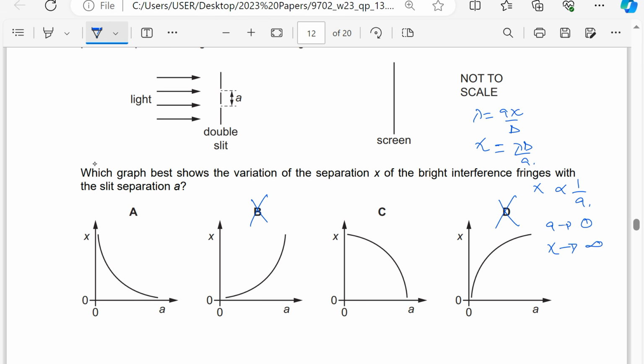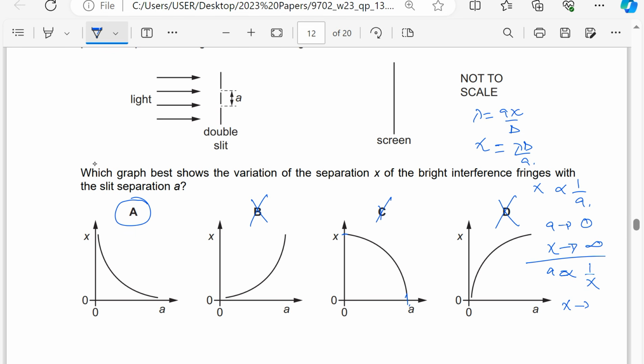That means the graph should not touch the x axis. So it means C is wrong, because C shows the graph is turning towards the vertical, yet x should be tending to infinity. The graph does not touch the y axis, it doesn't touch the x axis, so the answer is going to be automatically A. You can check, when I make a the subject, a will be inversely proportional to x.